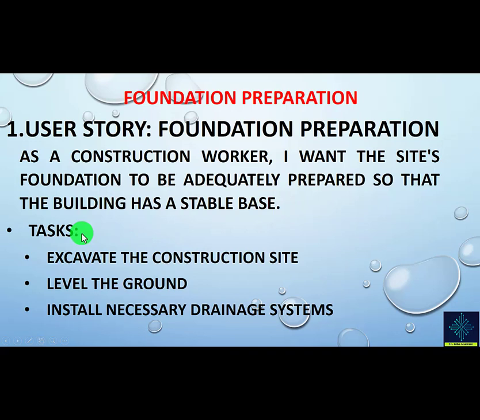The tasks expected for such a user story would be, and these are not all the tasks, but examples: excavate the construction site, level the ground, install necessary drainage systems. Of course, a much more detailed list might be there, but as I mentioned before, this is just a guide on which you can build and expand.